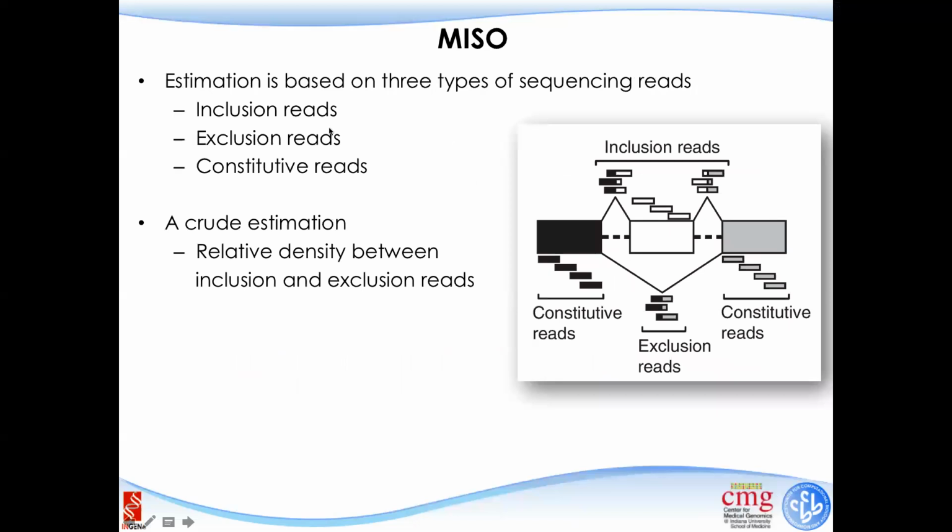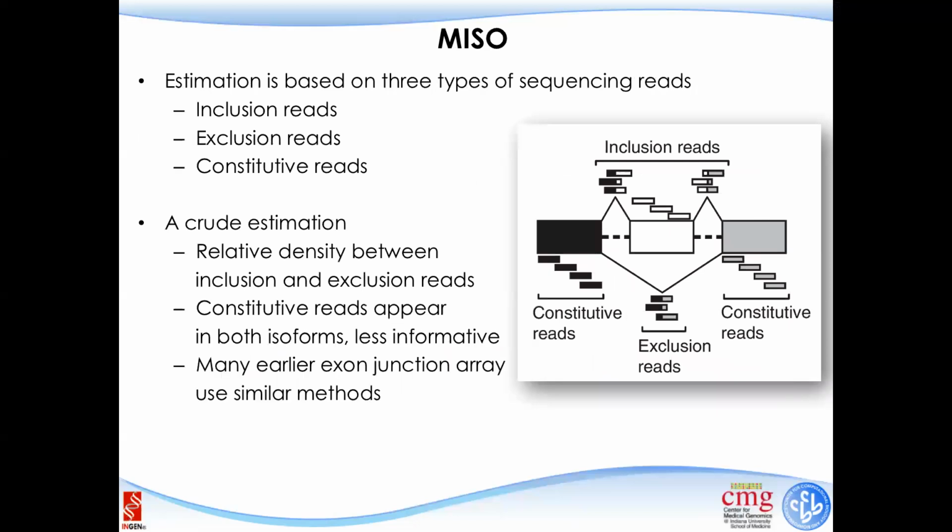And here are some characteristics of MISO. It uses inclusion rates, exclusion rates, and also constitutive rates. Sometimes you may think constitutive rates are not that important, but actually if the alternative splicing event is more complicated, the constitutive rates can be informative.